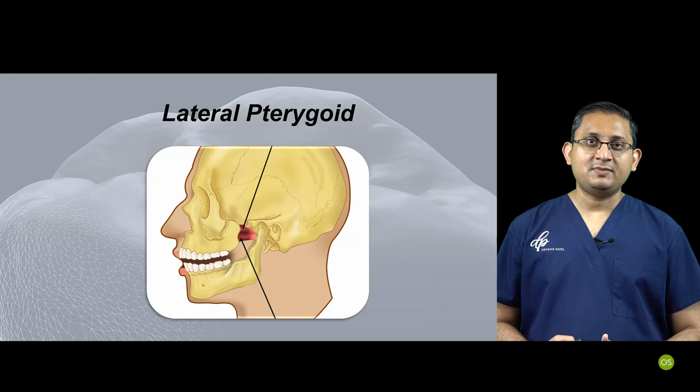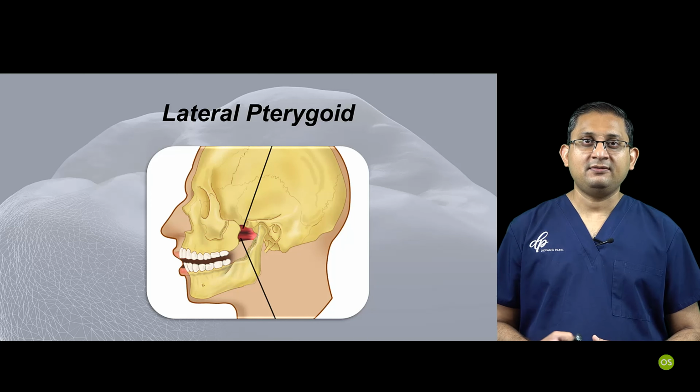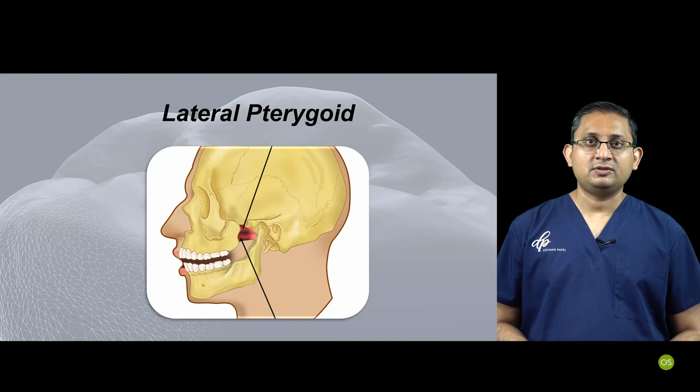However, working with the depressor muscles, it helps the mandible to depress as well. If you want to test this muscle, which we'll discuss in a future video, you need to do the protrusive movement, and you will be able to assess the function of this muscle.